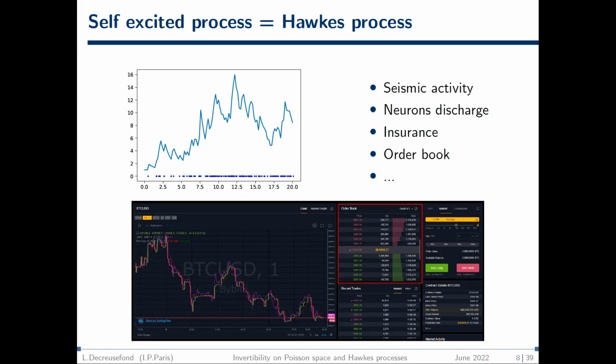So you have as many Hawkes processes as you have neurons, and they all excite the others. It's a more complex model, I won't talk about it here.